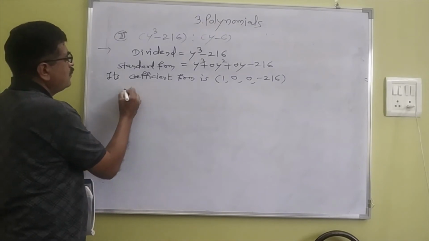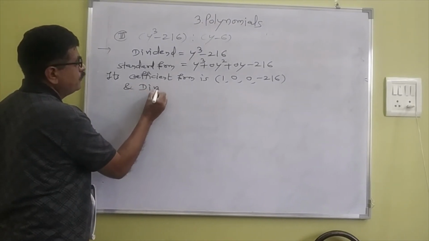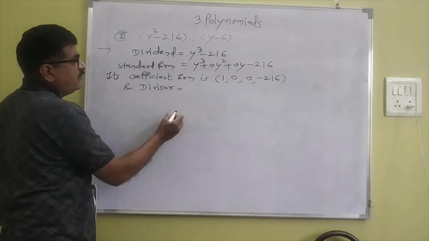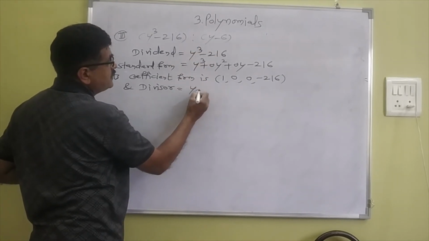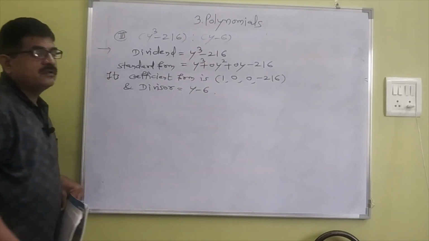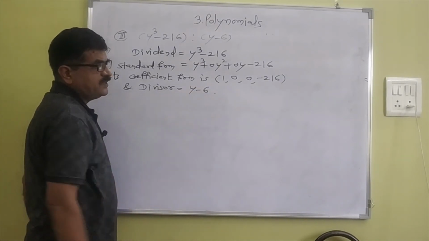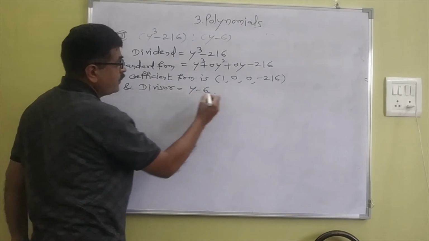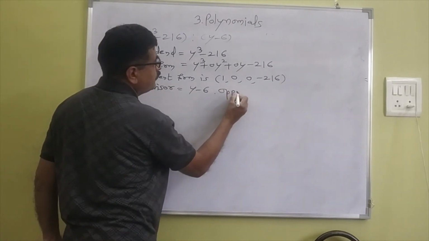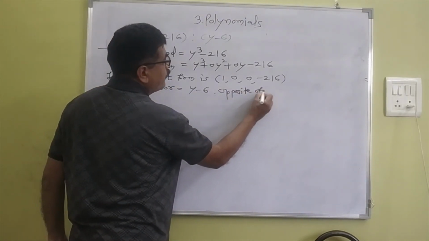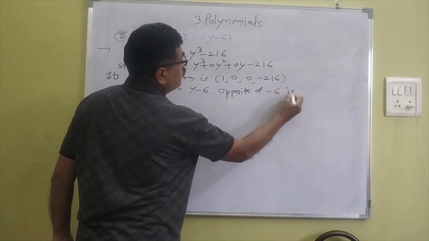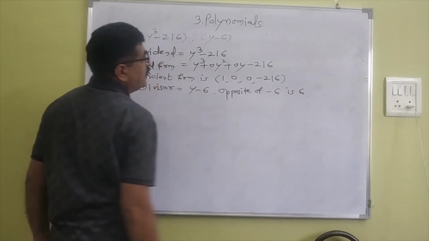and write down divisor. Divisor is equal to y minus 6. Here opposite of minus 6 is plus 6.